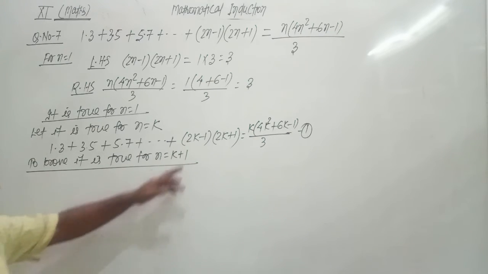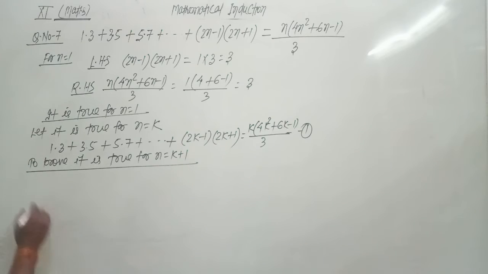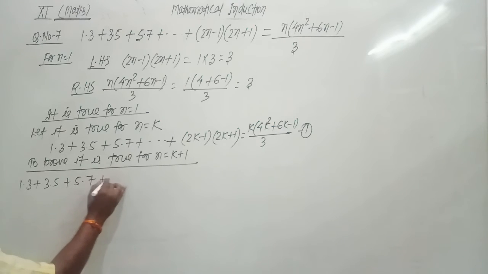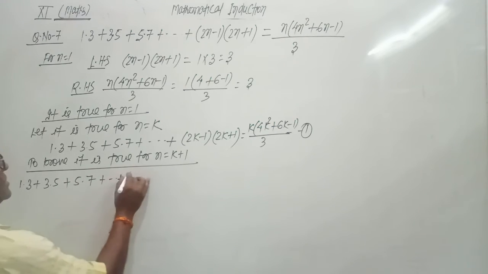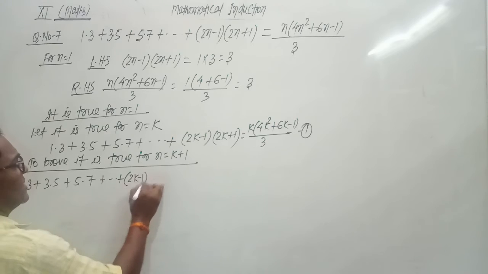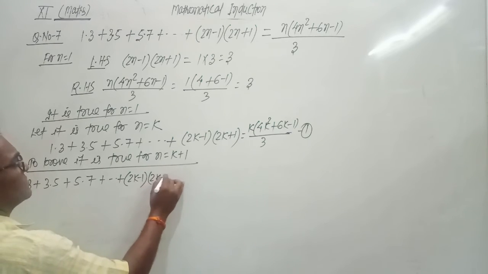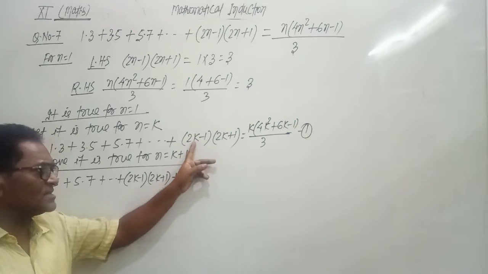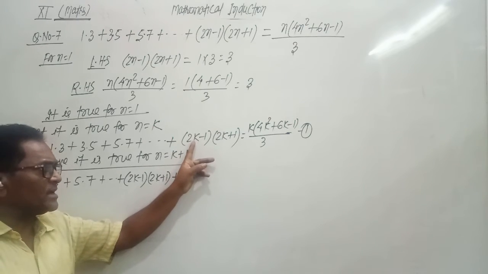So we write the term up to k term first. 1 into 3 plus 3 into 5 plus 5 into 7 plus dash dash 2k minus 1 into 2k plus 1. Then to write the k plus 1th term, at the place of k, we will put k plus 1.